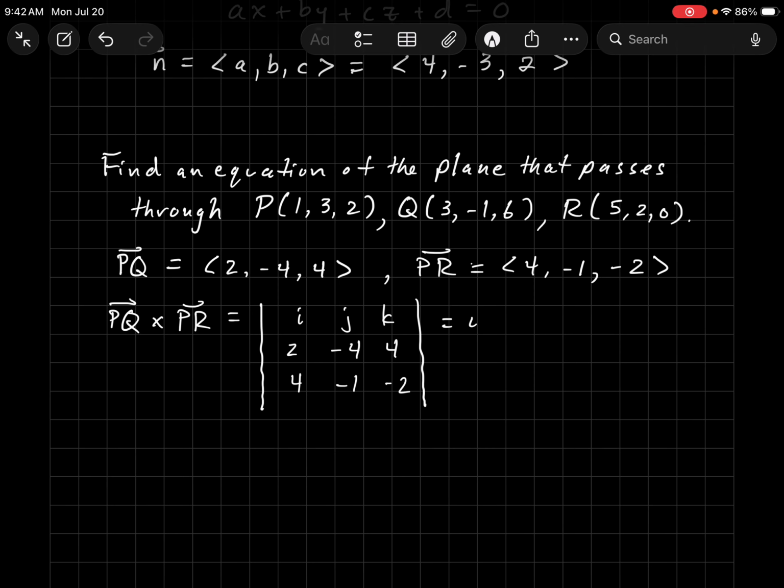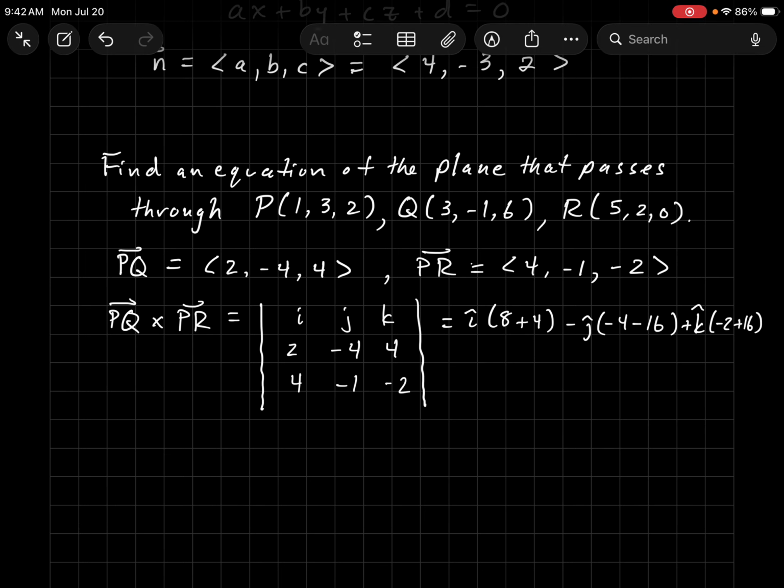So we're going to get I times (8 minus -4), and then minus J times (-4 minus 16), and then plus K times (-2 minus -16).